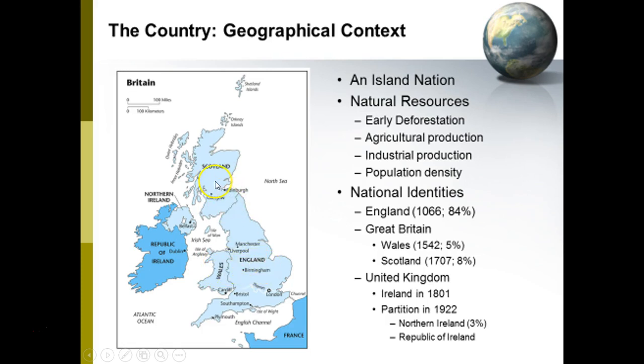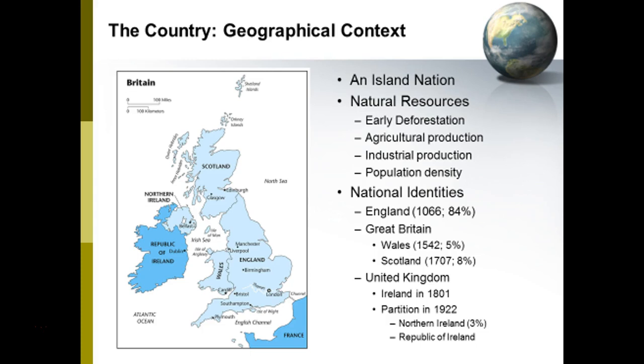That is Great Britain. So Great Britain is England plus Wales plus Scotland. Now in 1801, they also incorporate this whole island of Ireland. That becomes then the United Kingdom. These two islands, Britain and Ireland, are united as one kingdom.